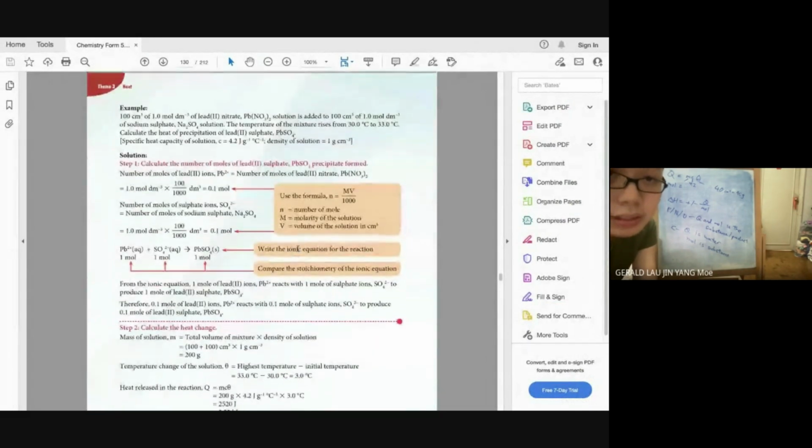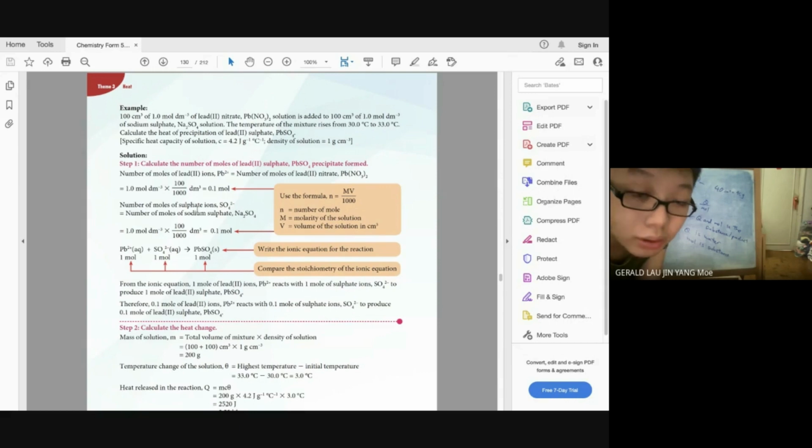Okay. Now, for example, you look at this example. 100 cm3 of 1 mole per dm3 lead nitrate. Okay, right. Always remember to write down chemical equation. That will help you a lot. Okay. Lead nitrate, and then it's sodium sulfate. Okay. So they give you theta already. So calculate lead nitrate, and then the sodium sulfate.